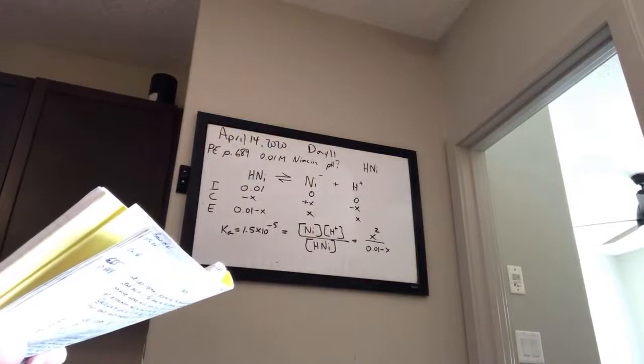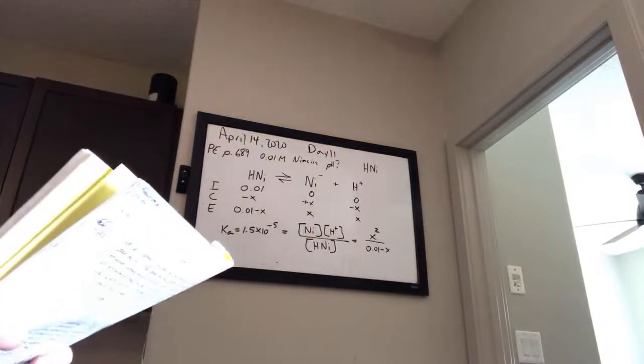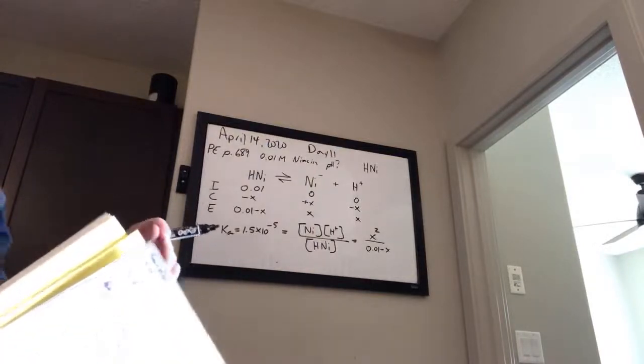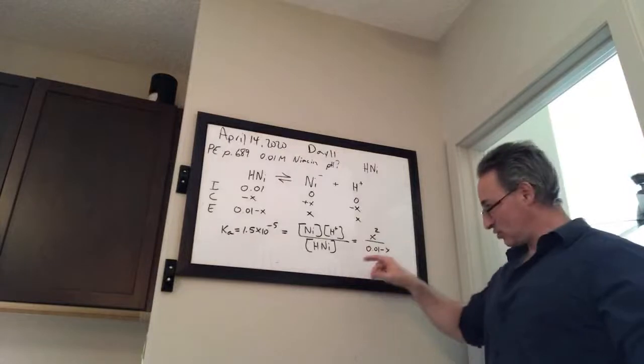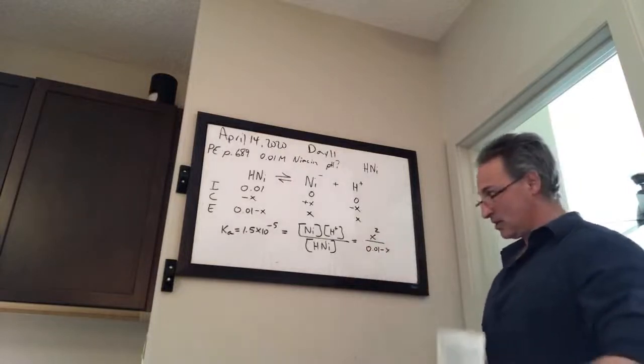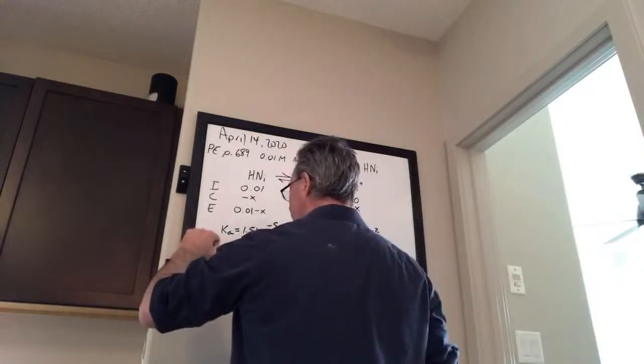But let's do it the simplification way, okay? We know that this minus X is going to be a tiny amount. Well, I'll show you both ways. I'll show you first the approximation way. So the first way is the approximation now.